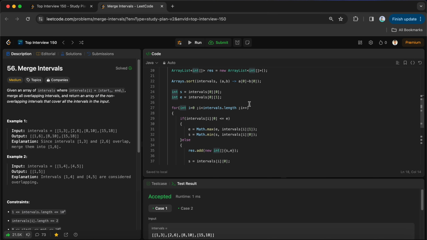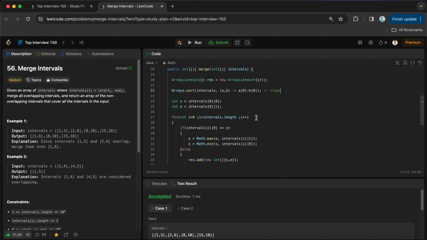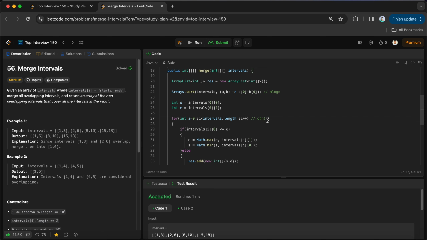So let me also cover the time complexity. Here, if my interval size is n, it is just array sort, so n log n, because any sorting method like this Java sorting method generally takes n log n. And here we are iterating n times, so it is total n iterations, so big O of n it will take. And the other is constant operation, so total n operation, big O of n.